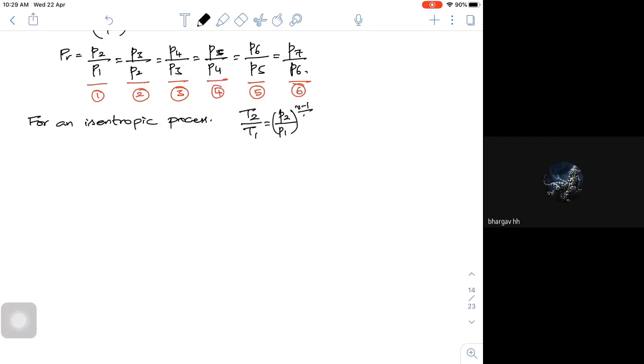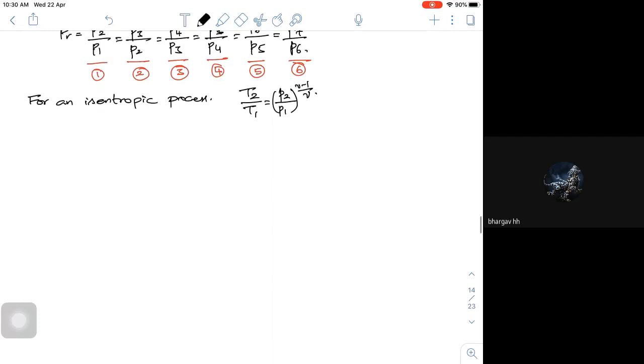T2 is the higher temperature and T1 the lower one; P2 is the higher pressure. So higher temperature by lower temperature is equal to higher pressure by lower pressure to the power of gamma minus 1 by gamma. Now let us calculate for each and every stage.